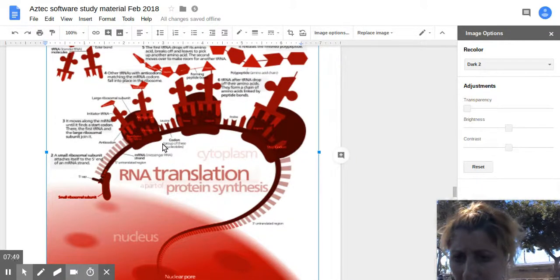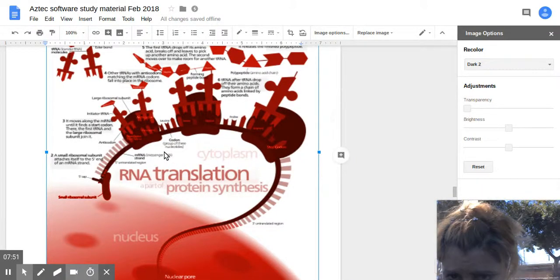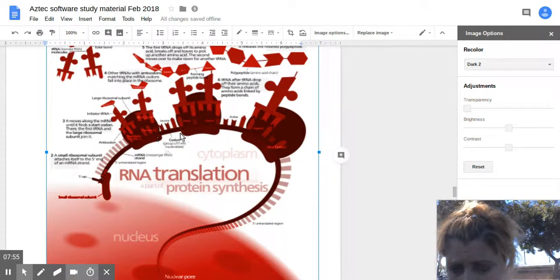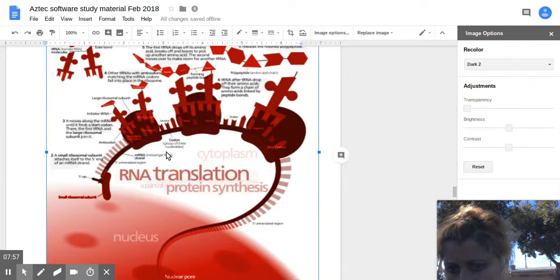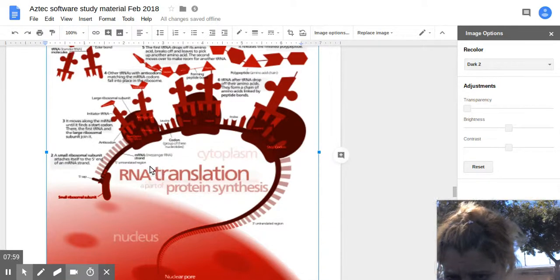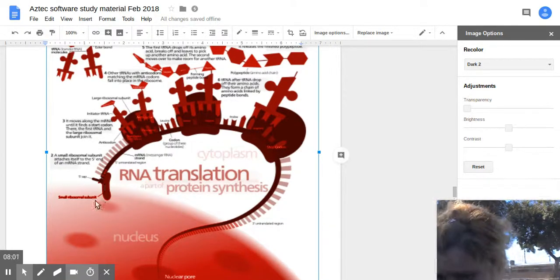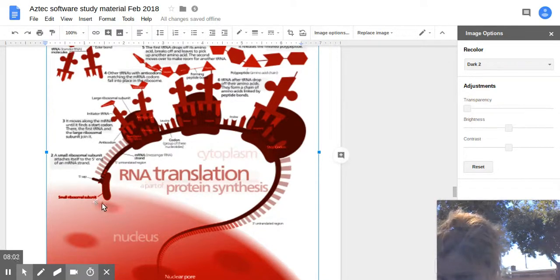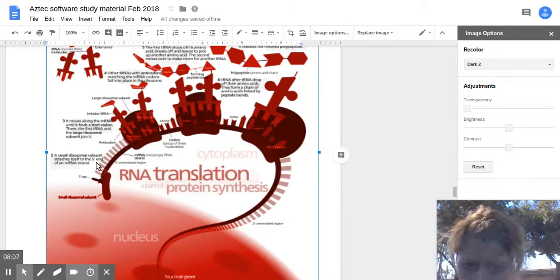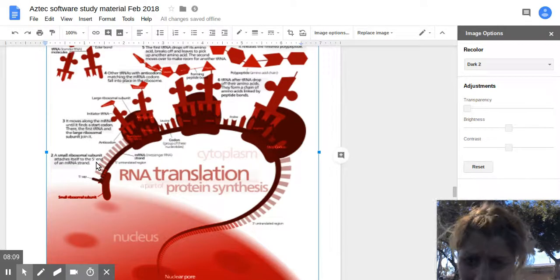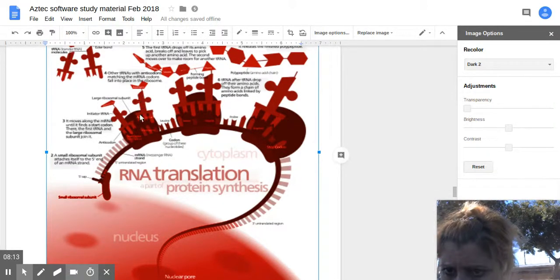and codons are the groups of 3 bases called codons. So then this is the small ribosomal subunit. Okay. The large ribosomal subunit on top.